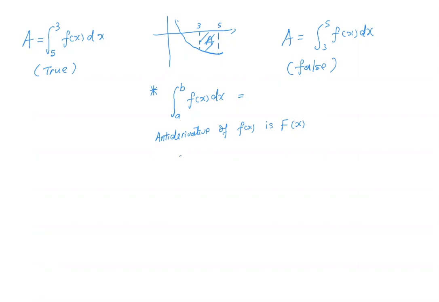Then you say this one, integrate a to b fx dx, is equal to F(b) minus F(a). So you always must substitute the top minus the bottom, am I right? That is the meaning of definite integral.